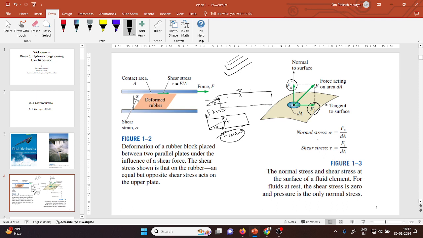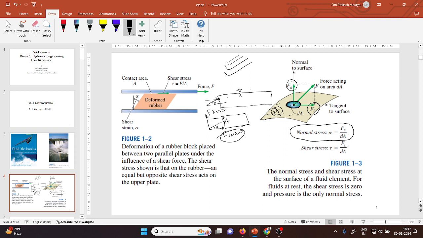So here the definition is what? The normal stress is normal force divided by area, that is this area. If your force is applying on the entire area, you take the entire area A, but here your force is applied only on this much area, so we are taking this. Now the shear force.